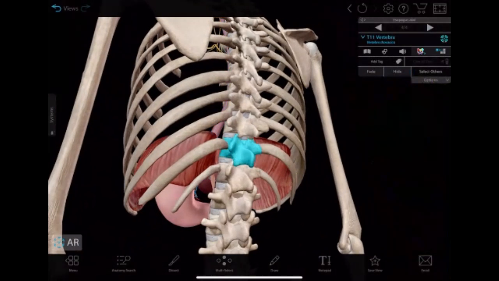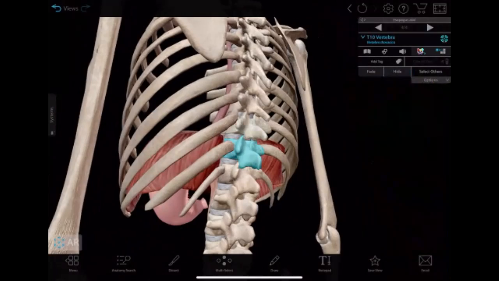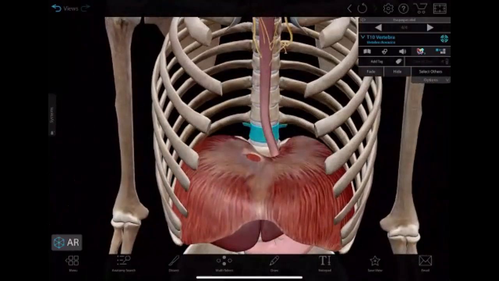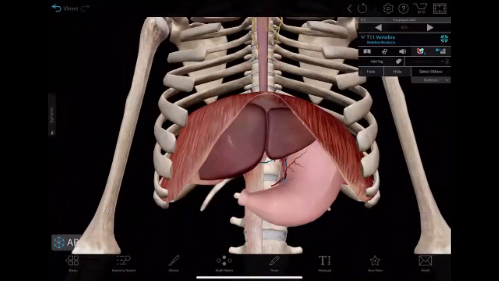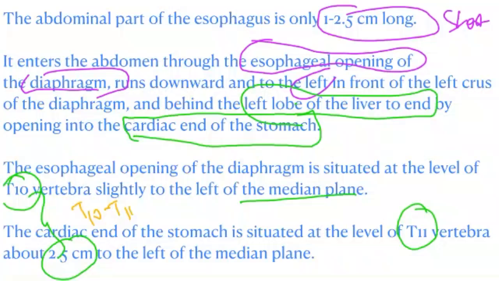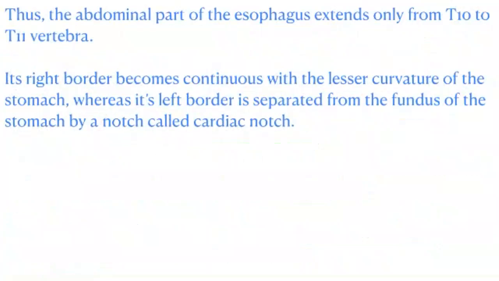That is the T11 vertebra and this is the T10 vertebra. So actually the esophageal hiatus is at the T10 vertebra, and the cardiac end of the stomach must be at T11. Thus, the abdominal part of the esophagus extends only from T10 to T11 vertebrae.